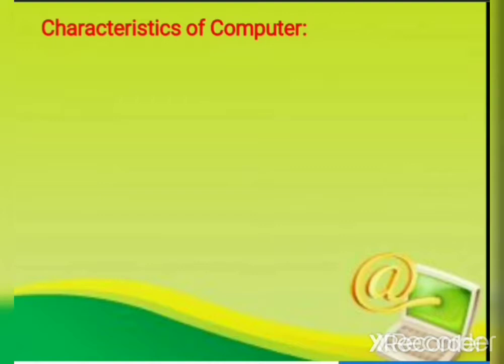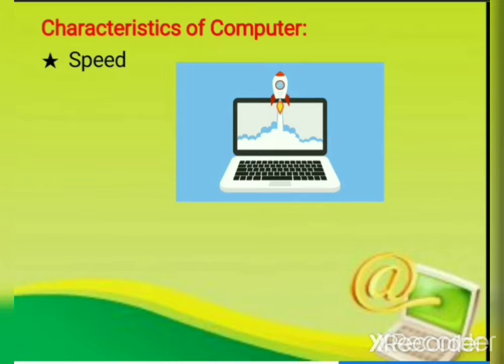Characteristics of computer. Let us see what are the different characteristics of computer. The first one, speed. Computer works very fast. That means it can execute millions of instructions per second.